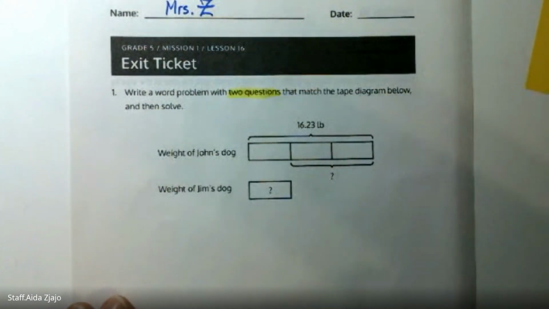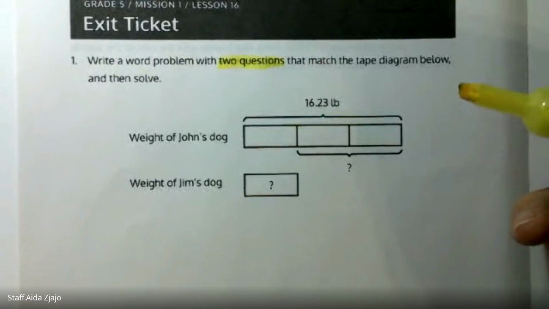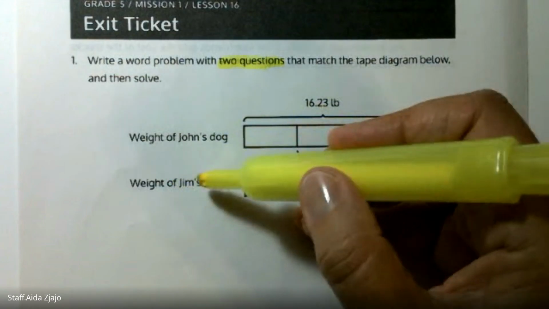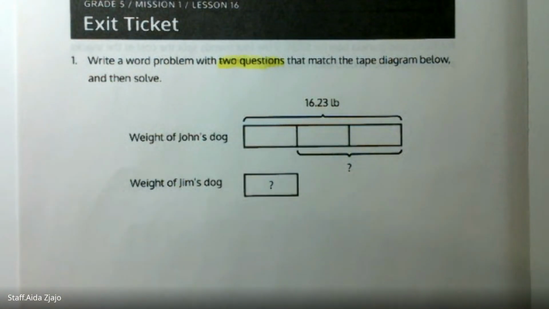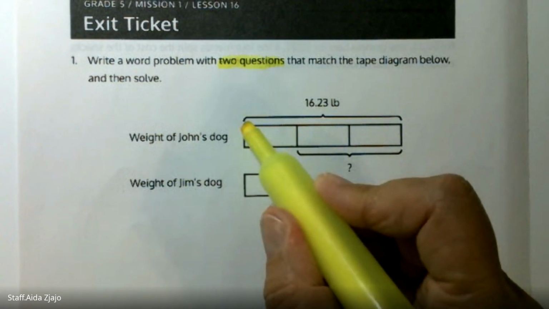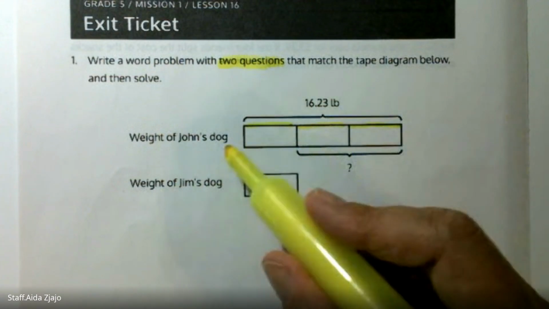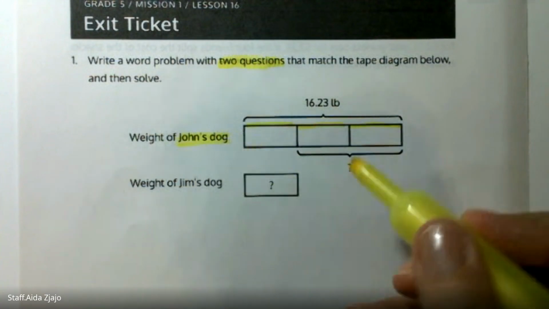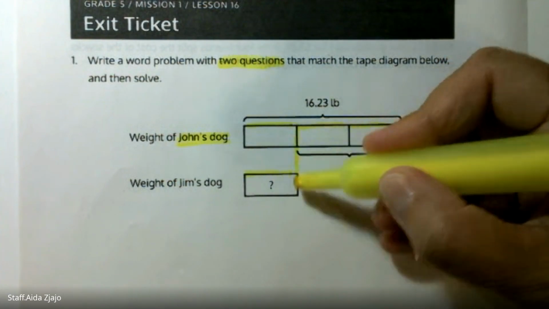When you look at the diagram, guys, you can see that the story should be about the weight of John's dog and the weight of Jim's dog. There are 3 parts, 3 units that represent John's dog, and then there is 1 unit that is exactly the same length.